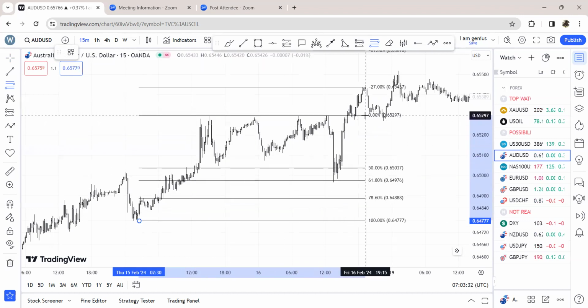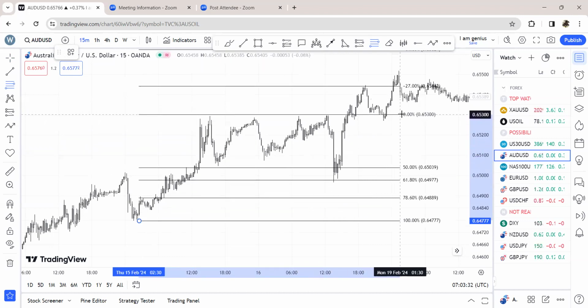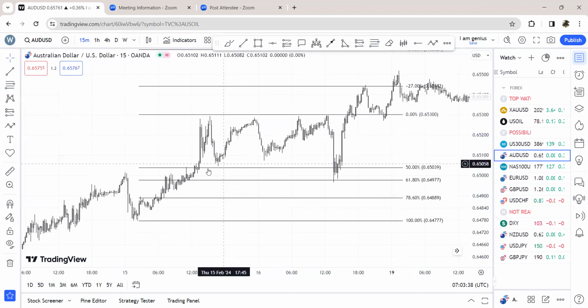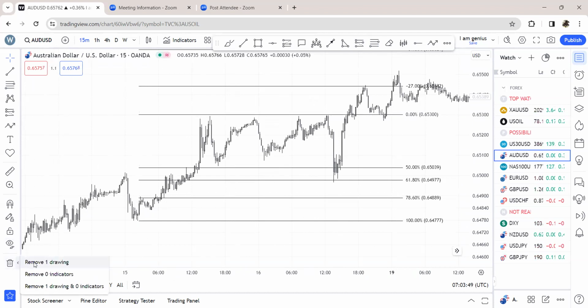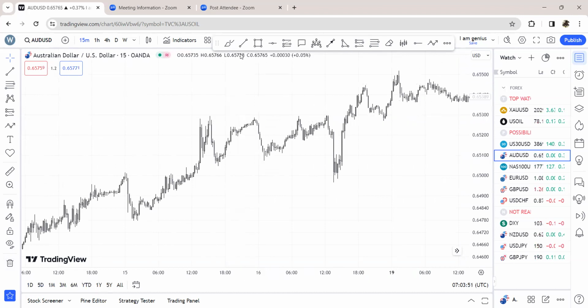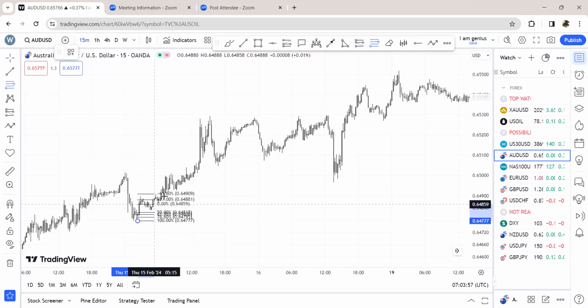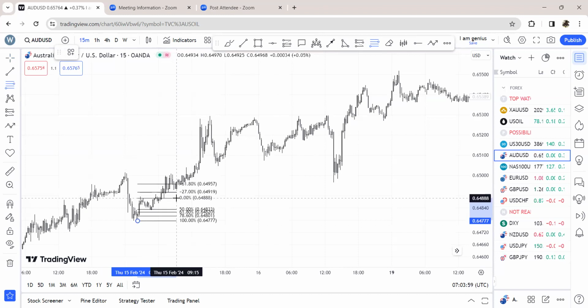All the way to that level. If I was to zoom in on that, what I've done here, someone else can say, for context sake, let me just remove this. Some people can just trade that.